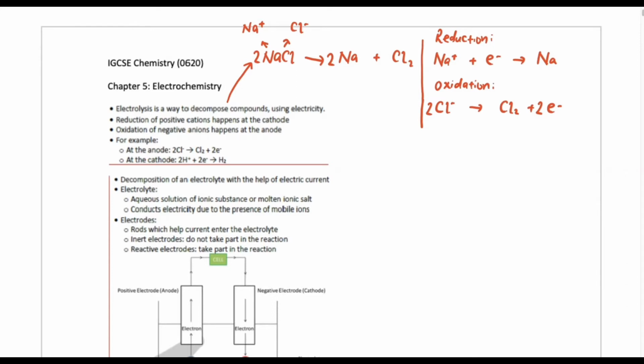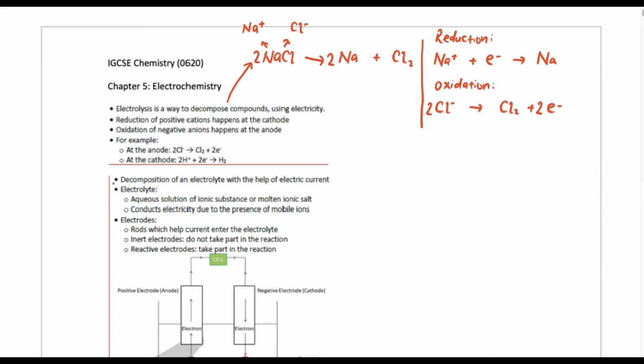At the cathode, they are using 2H plus, 2H plus 2 electrons become H2, hydrogen gas. For me, I'm using Na plus, take electrons and become Na, get the sodium. It depends on how you do it.